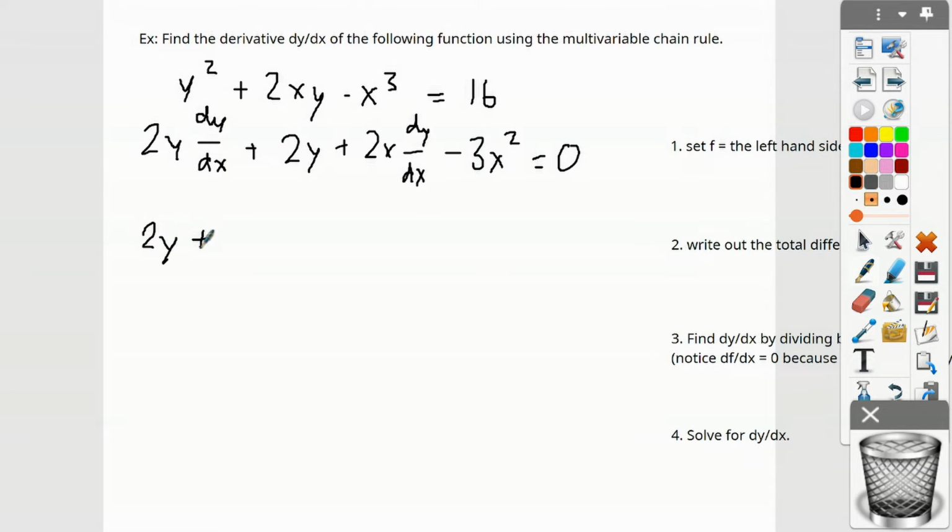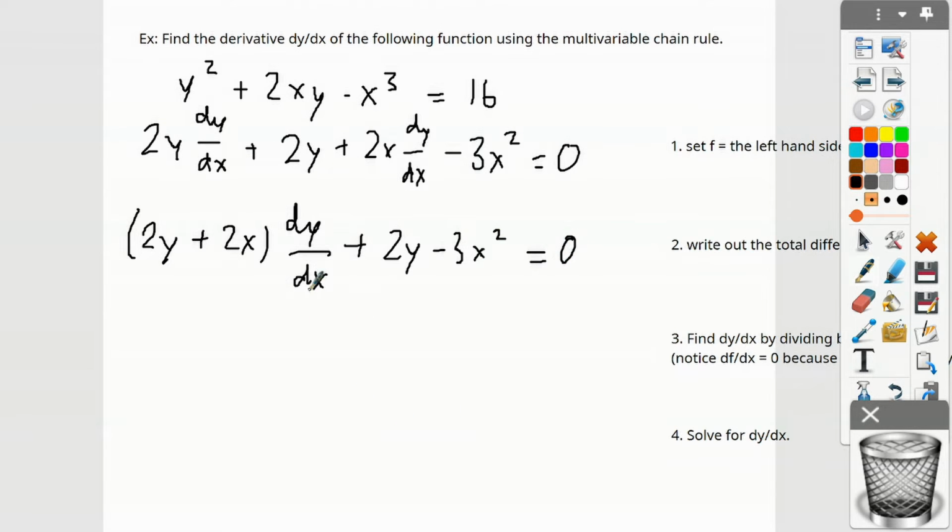Now I'm going to group these together, dy/dx plus 2y minus 3x squared equals 0.